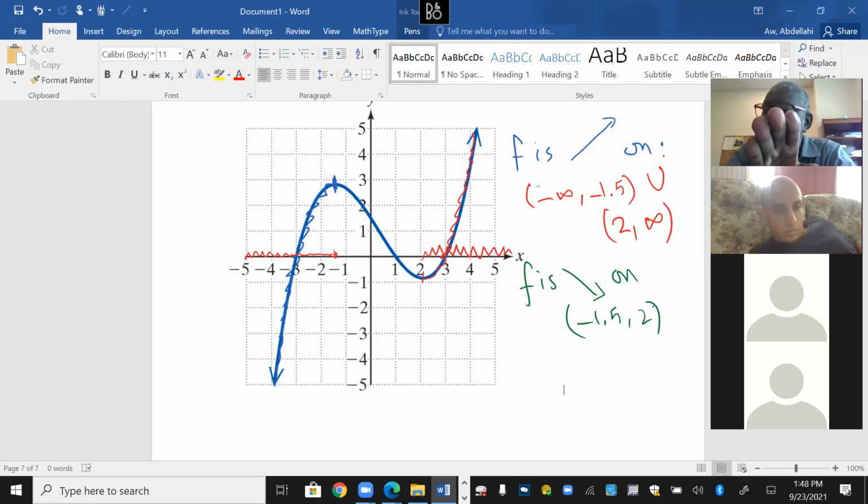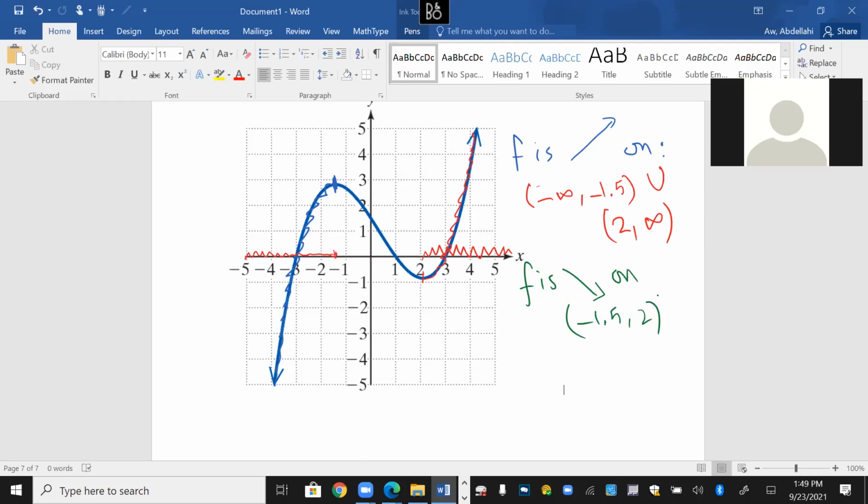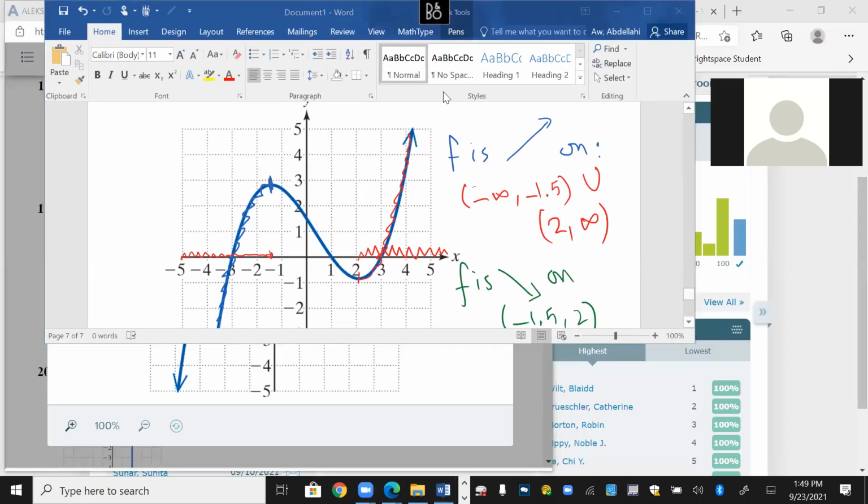But 50% of students will write the answer in the wrong format, okay? You have to write your answer as an interval of x, okay? If you want to get the point, you have to write your answer that way. All right.